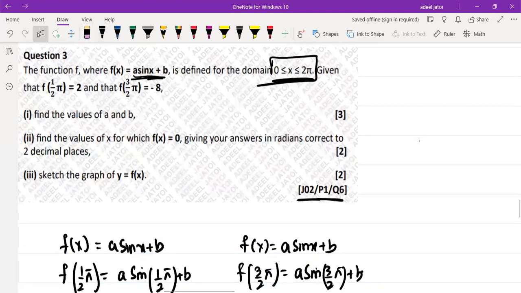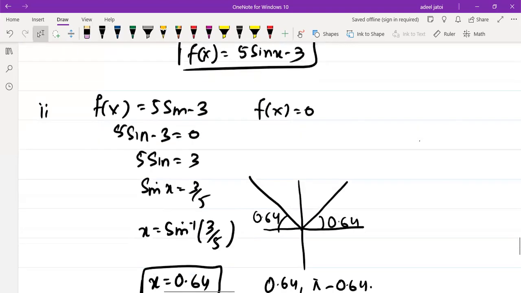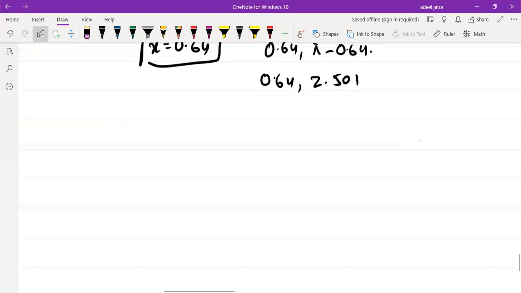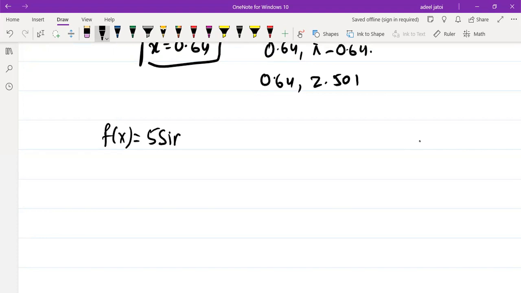Then comes: sketch the graph of y is equal to f(x). The question clearly tells me that f(x) is equal to 5 sin x minus 3.